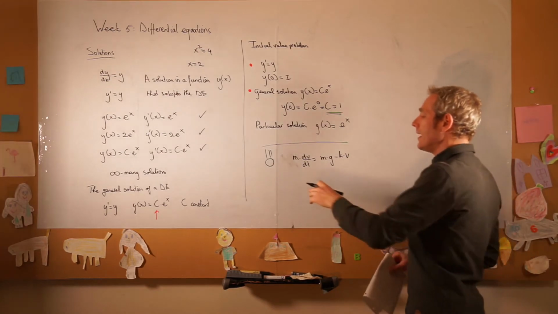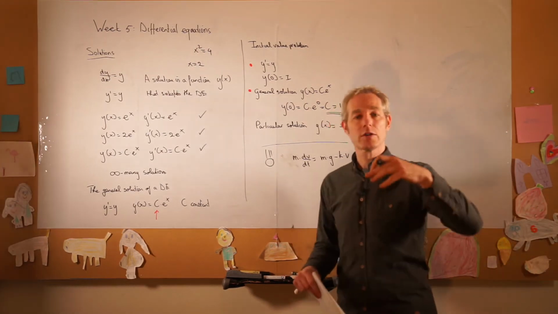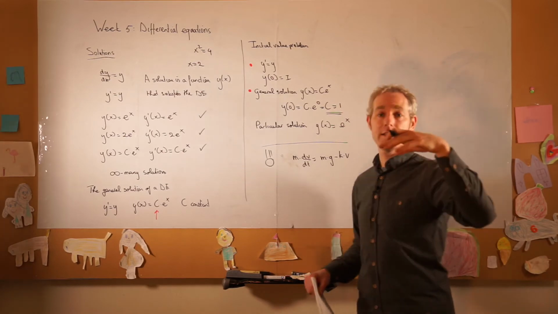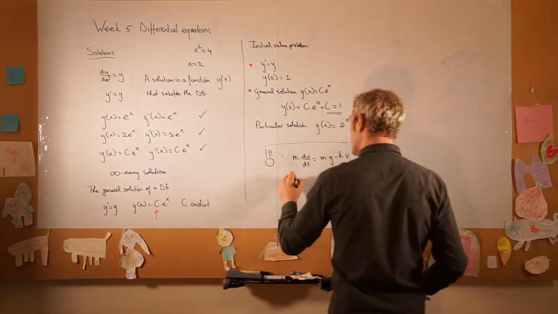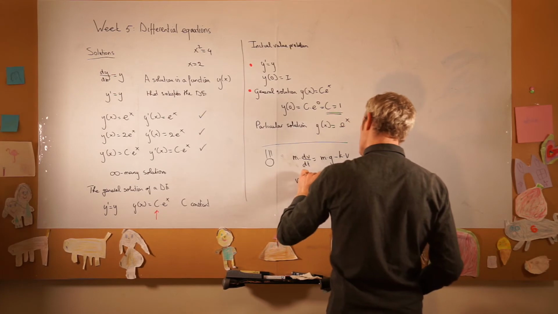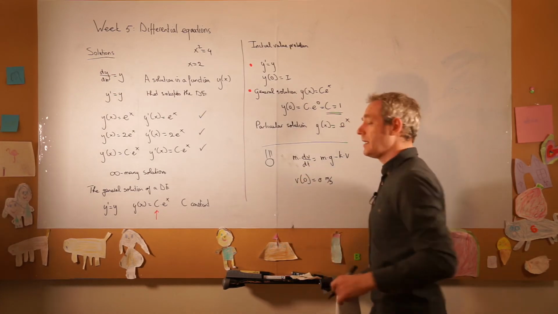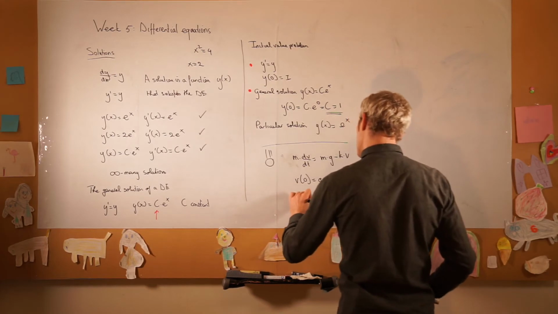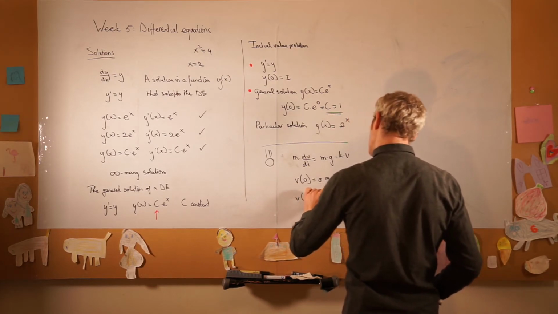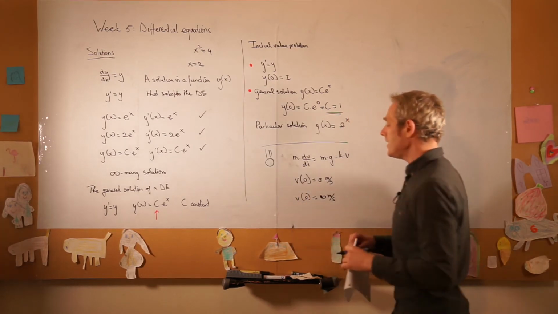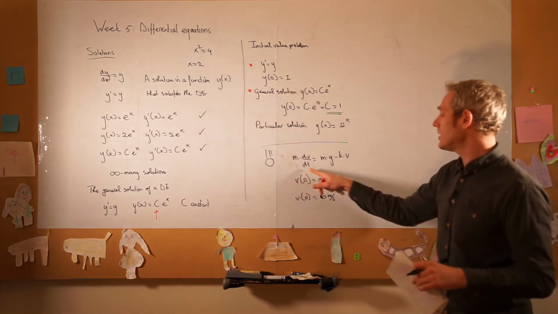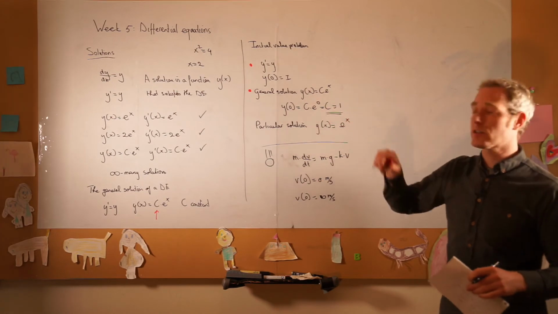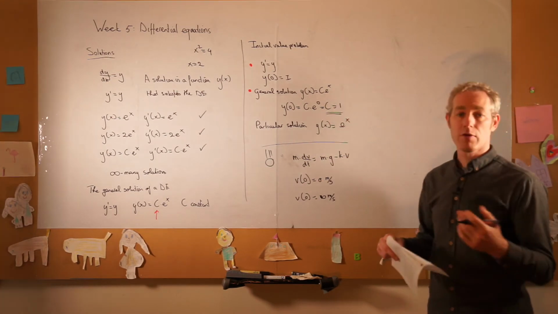But it didn't say with what velocity we let the ball go. We could let it have an initial condition where the initial velocity would be equal to 0 meters per second, but we could also start with 10 meters per second. And these initial conditions do not change the differential equation, but they will change the particular solution of our problem.